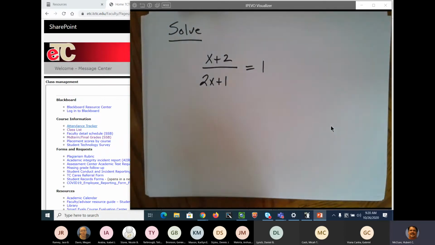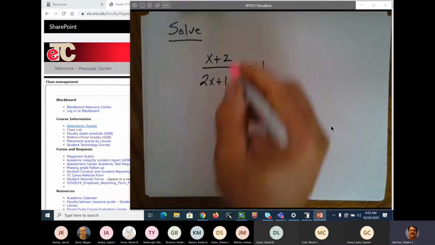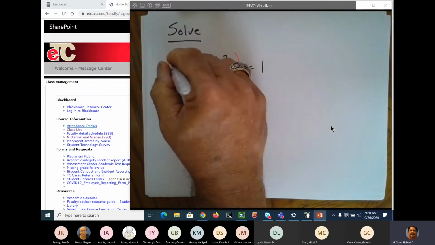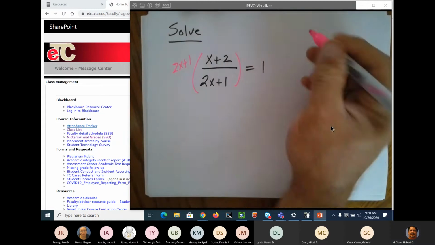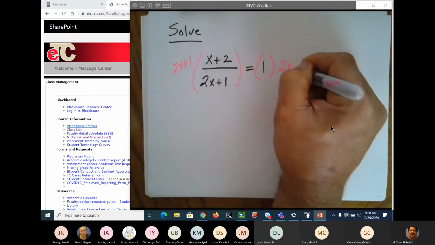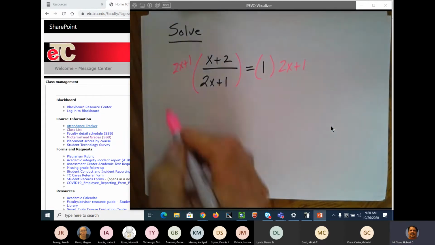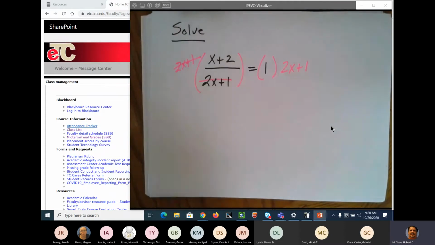Now, of course, there is a fraction, so that means we have to get rid of the fraction by multiplying by the denominator. So I'm going to multiply both sides by 2x plus 1, and that will get rid of that.